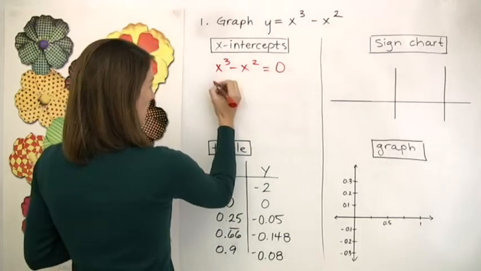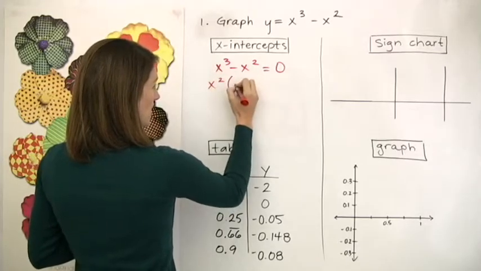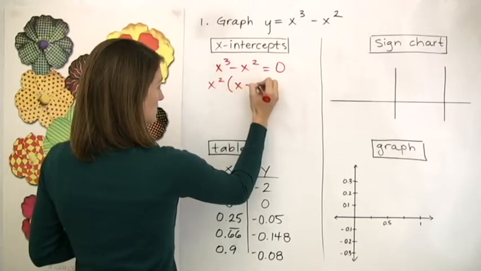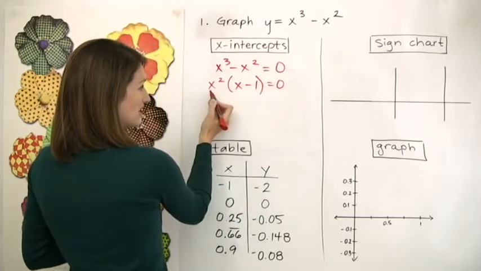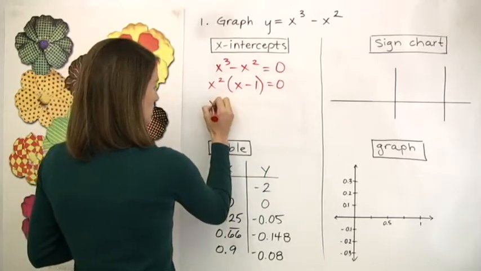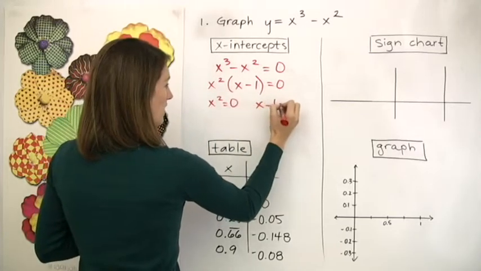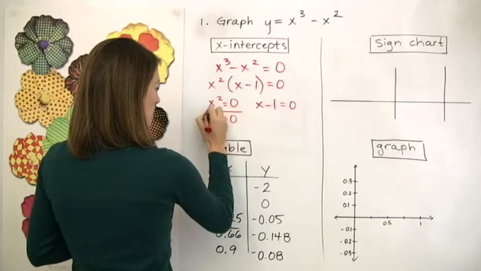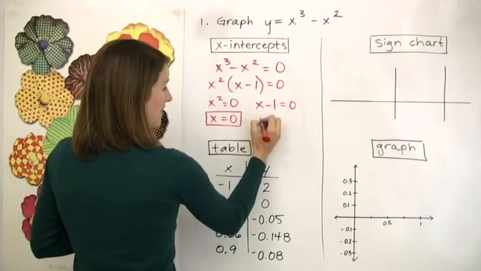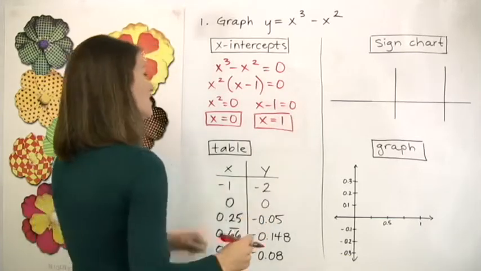We can pull out an x squared, and we're left with x squared times x minus 1 equals 0. And then we set each of these factors equal to 0. x squared equals 0, and x minus 1 equals 0. And we get x is equal to 0 as one of our intercepts, and then x is equal to 1 as our other intercept.